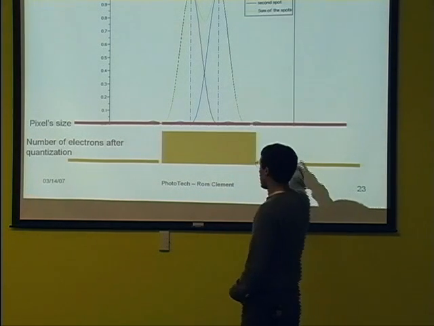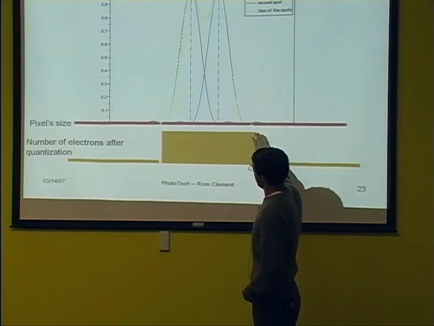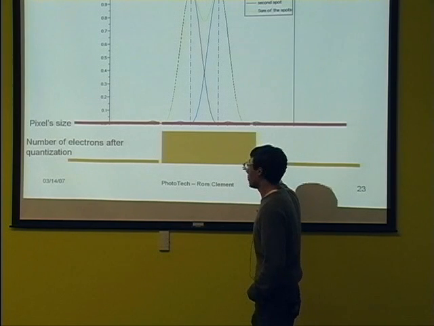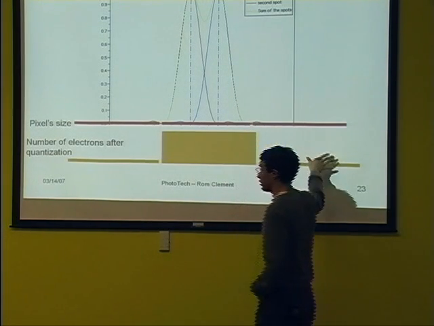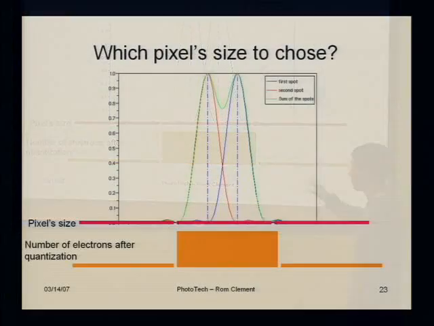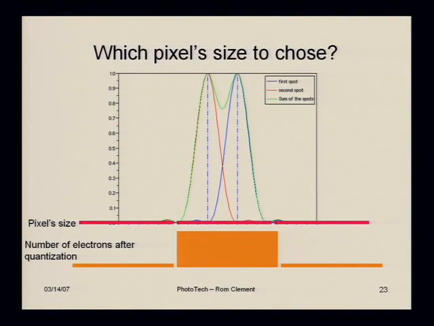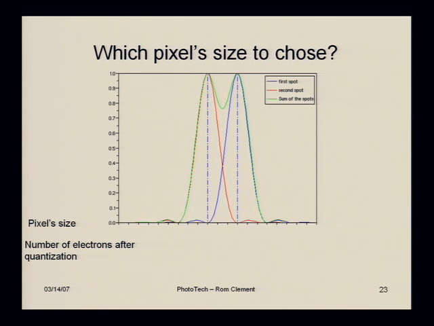If I count my electrons in my CCD, I will have a lot of electrons in the pixel in the middle, but nearly nothing in the remaining two. So when I display the picture on my screen, I will see barely zero and then a peak in the middle. There's no way I can say that there are two peaks.